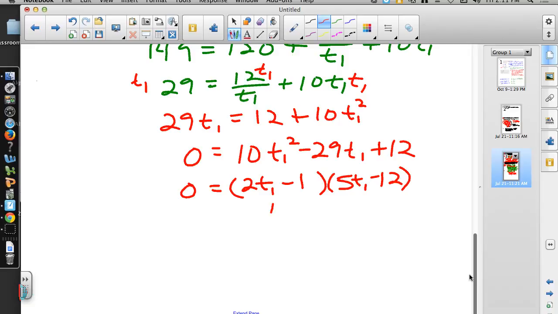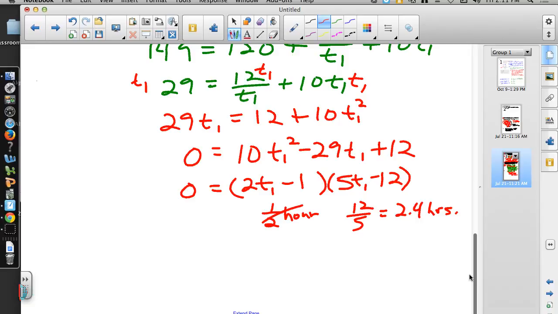So our two zeros are 1/2 of an hour, and that one doesn't make any sense given the speed that they're driving, so we wouldn't use that. The other one is going to be 12/5 hour, which is 2.4 hours. Now that one makes sense. So it took 2.4 hours.